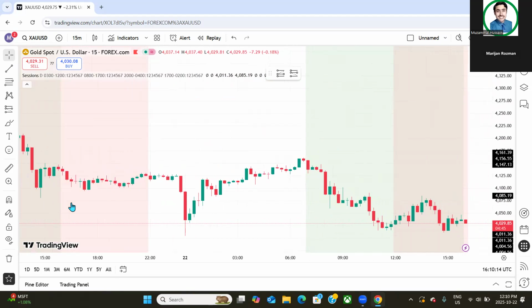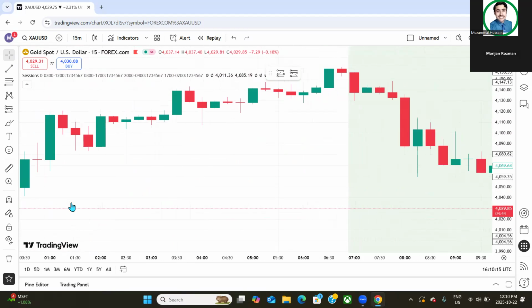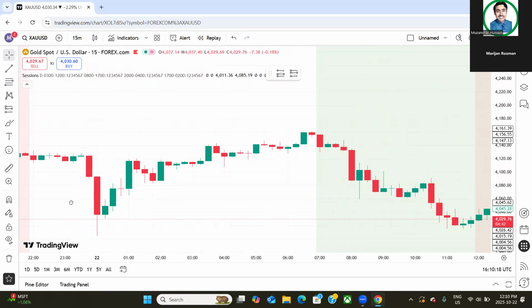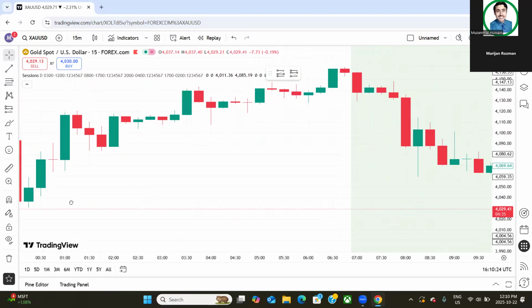I think the buy candle is made on 17th October.